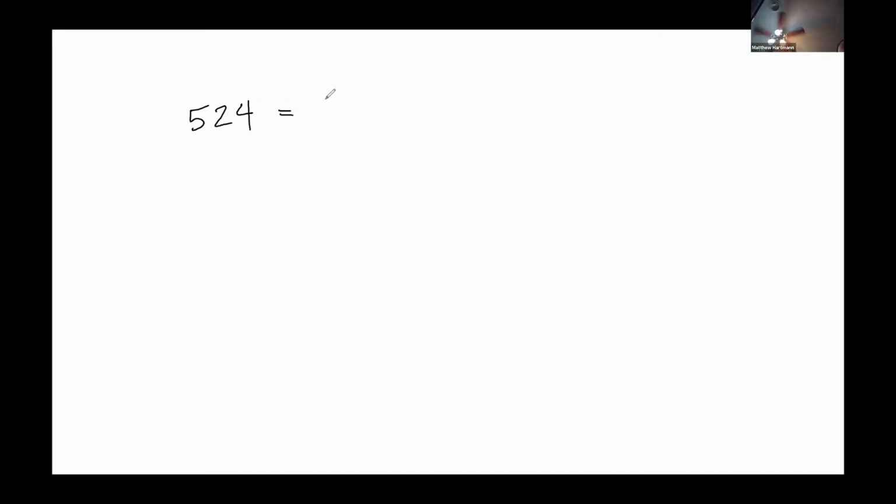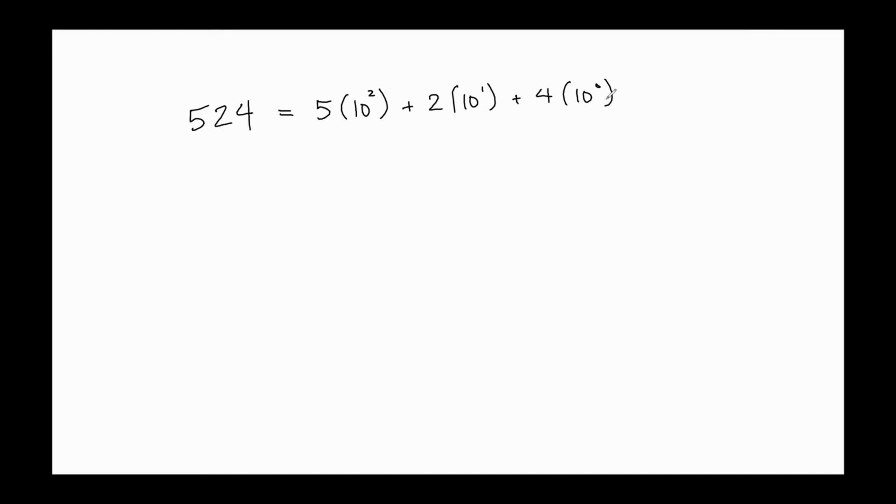This could be expressed as 5 times 10 to the 2 plus 2 times 10 to the 1 plus 4 times 10 to the 0. Are we okay with breaking it down? Yes, sir. So there's 5 in the hundreds digit, 2 in the tens digit, and 4 in the ones digit.